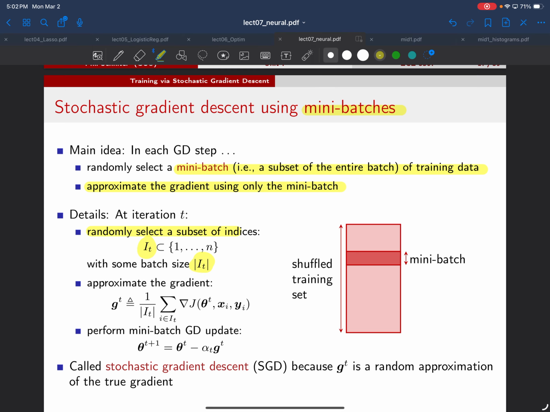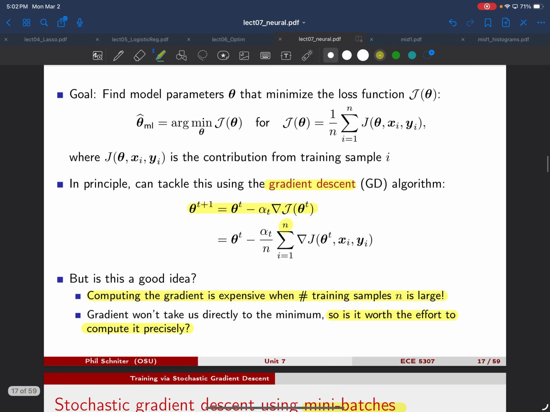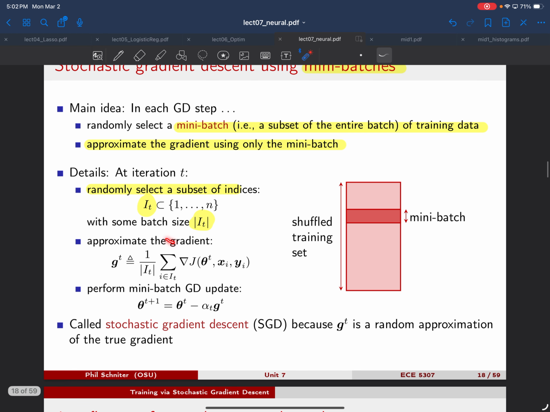That's the size of your mini batch, maybe like 32 or something. Then the idea is, instead of computing the gradient using this average of all n samples, you compute it using an average of your mini batch samples. That's really the thing, and we're going to define this as the vector g.